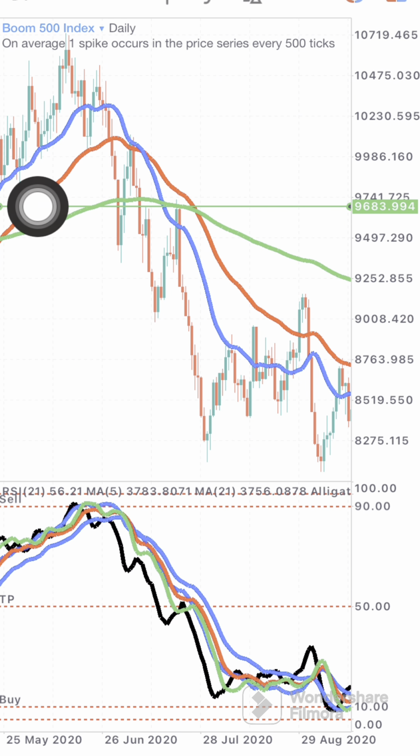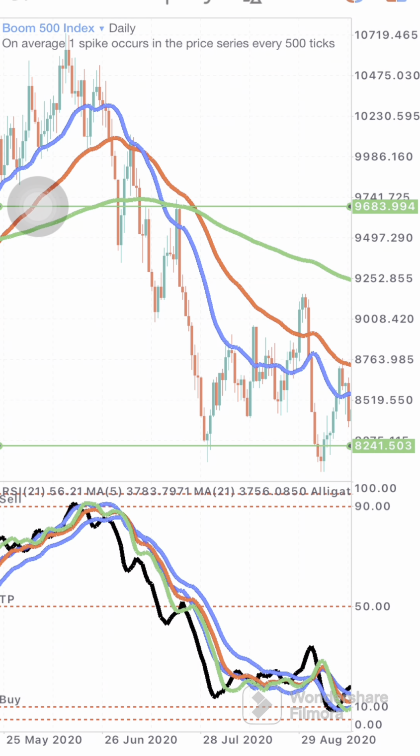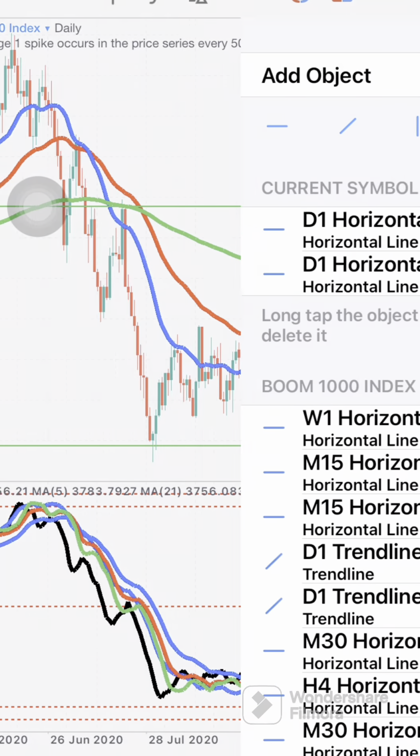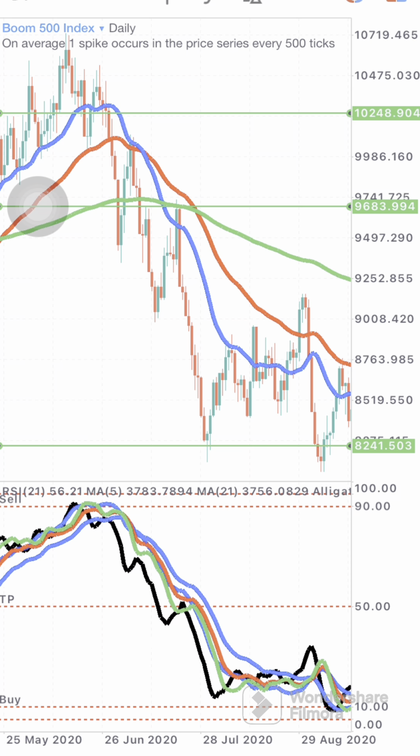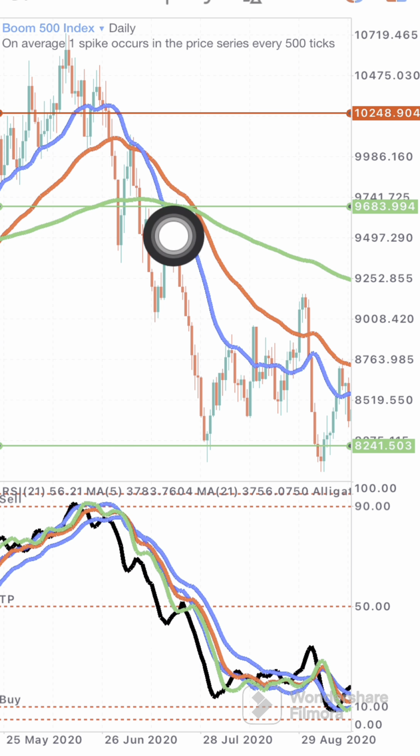So if you enter the market, make sure your profit target is 2 times your stop loss. Let's assume your stop loss is here. Let me make this one red so that it will appear as a stop loss line. So you see, this is the stop loss, this is the entry level, and this is your take profit.